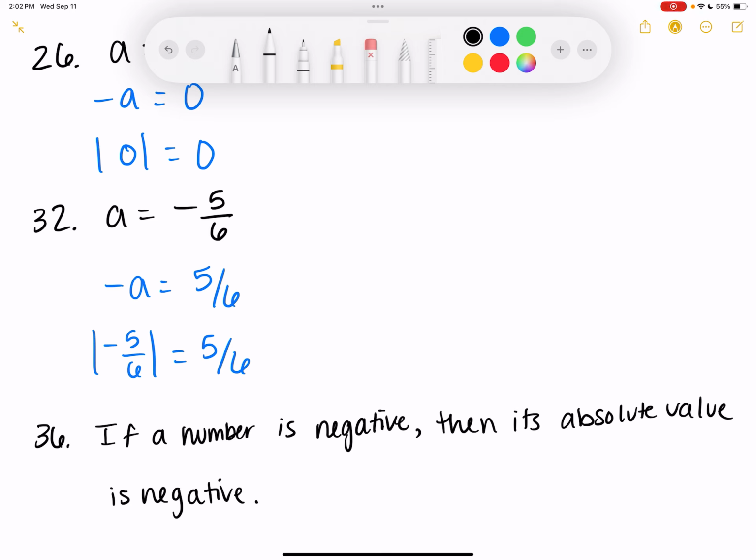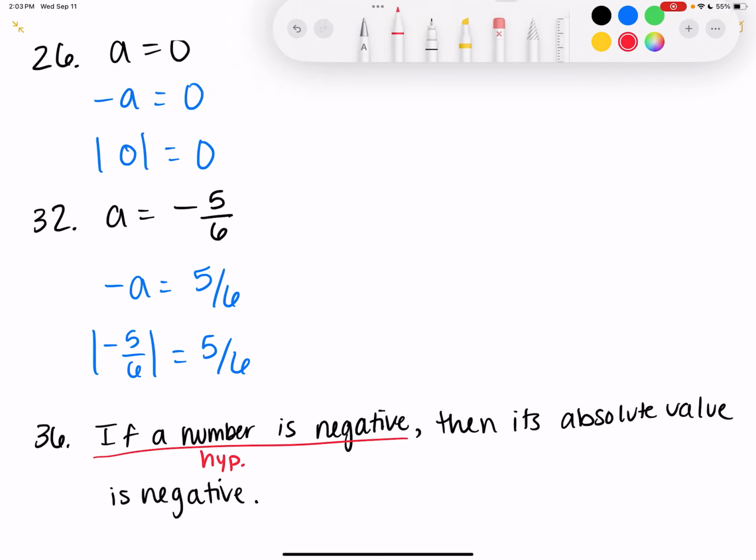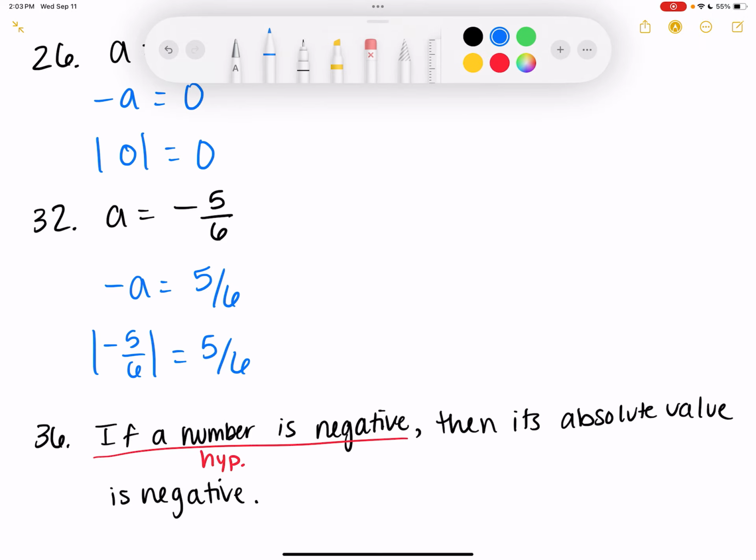What's the hypothesis part? If a number is negative. Yep, that is the hypothesis. If you just want to shorten it to HYP or something like that, that's fine. What's the conclusion? Then its absolute value is negative. Yep, conclusion. If you just want to say H and C for hypothesis and conclusion, that's fine.